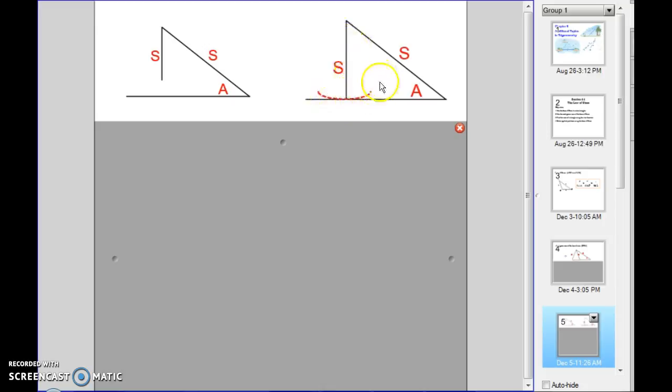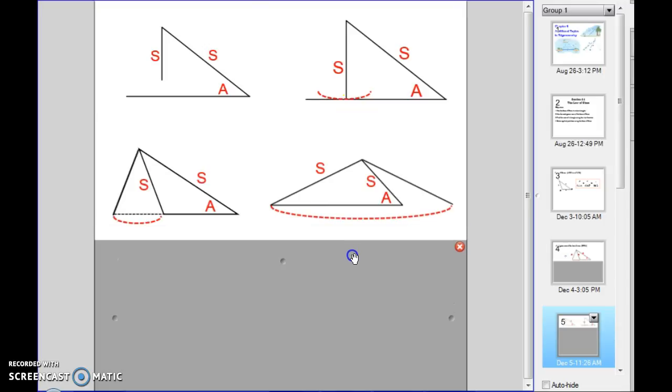And if you swing it around, there's no other triangles that could be made, so there's just this one triangle, and in this case, this happens to be a right angle there. Here's the case that I was just talking about, that if you take this side and swing it over here, you can make a second triangle. But in this case, if this side is longer than this one, you can swing this around and not make another triangle. So here's another case where there's only one triangle that can be made.